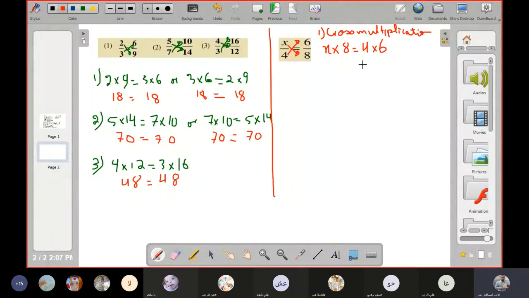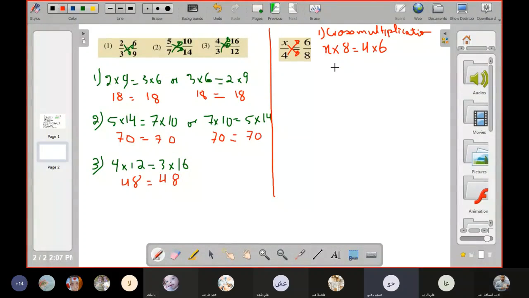Okay, Hussein? And when we have an unknown, which is x, we try to put it to the left side first. We start with it, and we start x times 8 equal to 4 times 6. Okay, x times 8 gives what, ya Hussein?